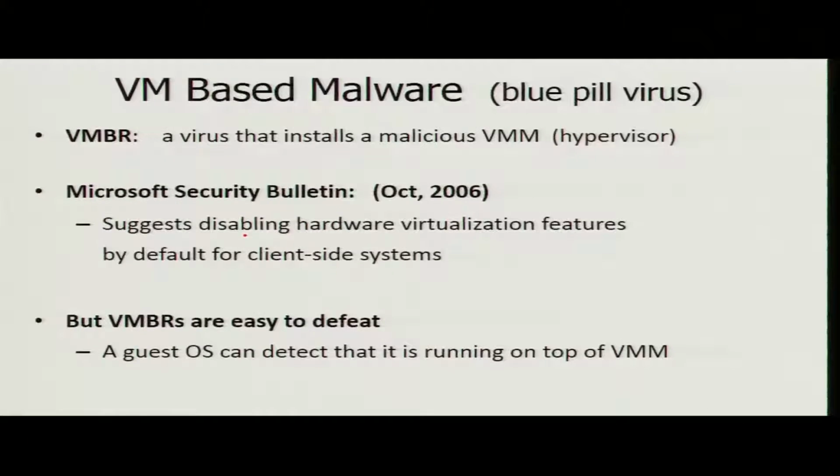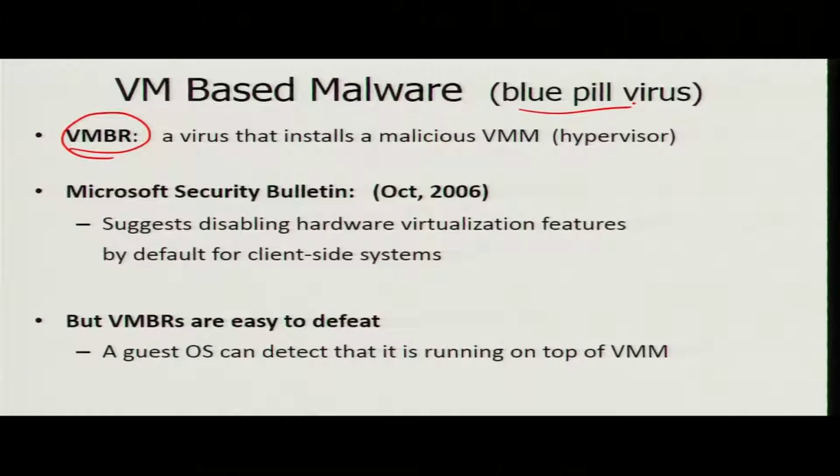And the idea of the blue pill and the red pill from the movie also came along in the literature, and VMBR is also an alternative to the blue pill paper, but the whole idea is that you are virtualizing your operating system, and then you can insert anything in that virtual machine because it is already a malicious one.